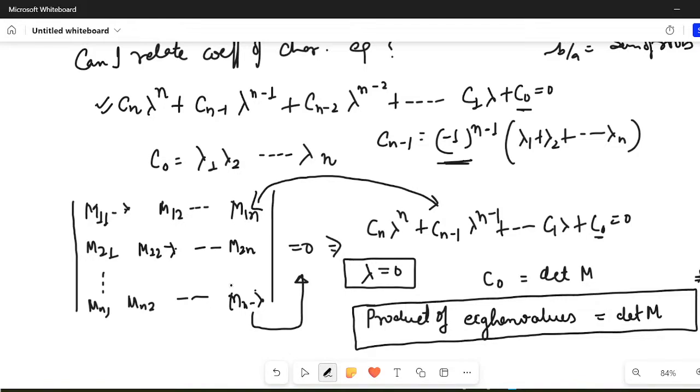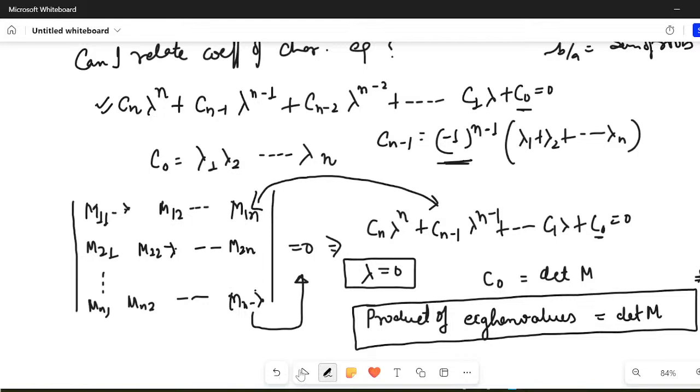But overall, you should remember that the product of eigenvalues is equal to the determinant of M. Is that clear? Okay. So is that clear or not? I hope it is clear.